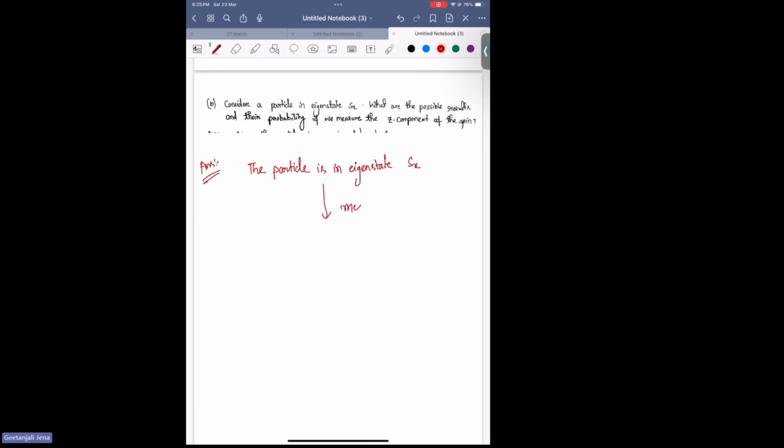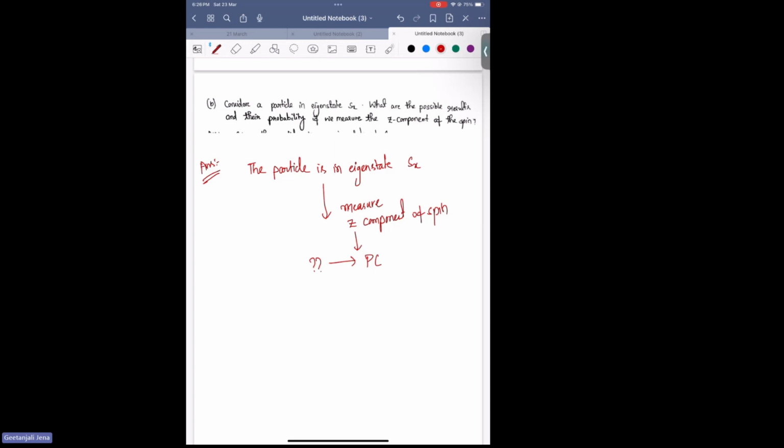Now we are measuring the z component of the spin. The question is asking what values we will get and with what probability.